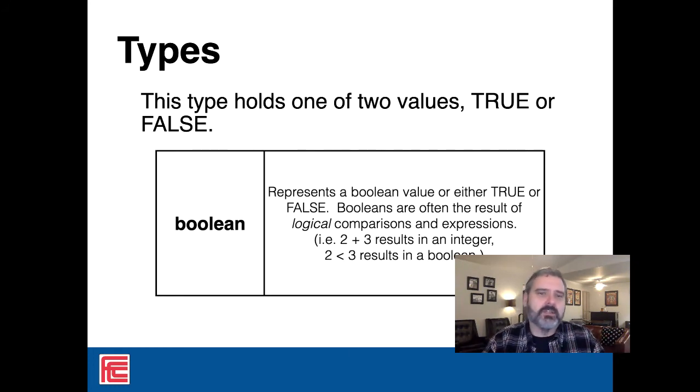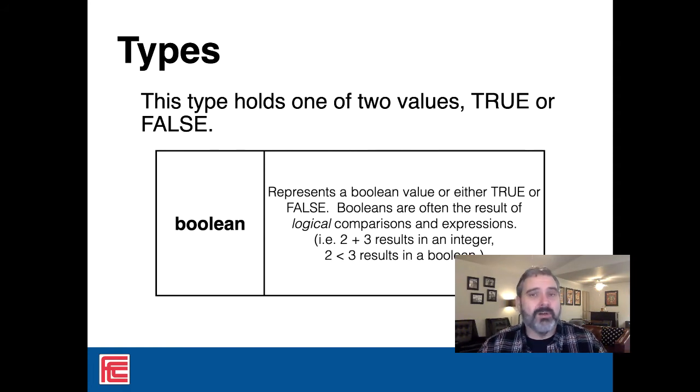The result is a different type. There are some operators that when you use them, they don't give you a numeric value. They give you a logical value. So 2 less than 3 gives you the value of true because 2 is indeed less than 3. So that operator doesn't give you a numeric type, it gives you a Boolean type, true or false.